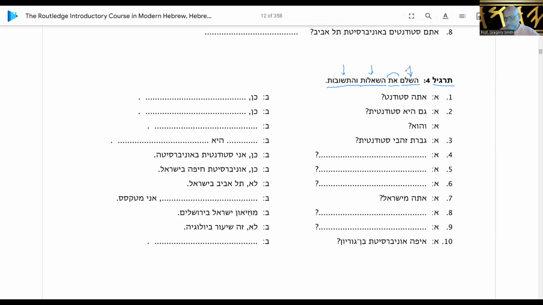Et is just to mark, in this case, it's not translatable. What it does is it's like a grammar tool to mark the object of the action. In other words, whatever the object is that's receiving the action of the verb, that's what the et marks.